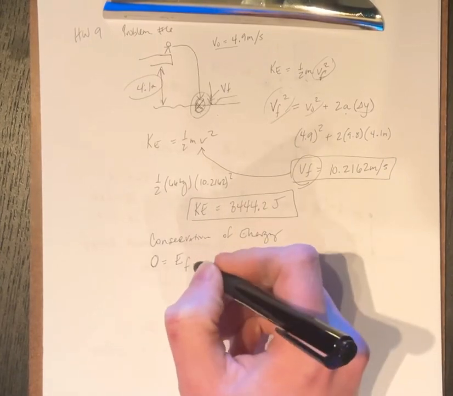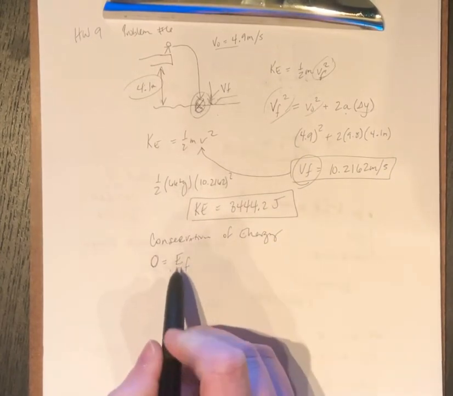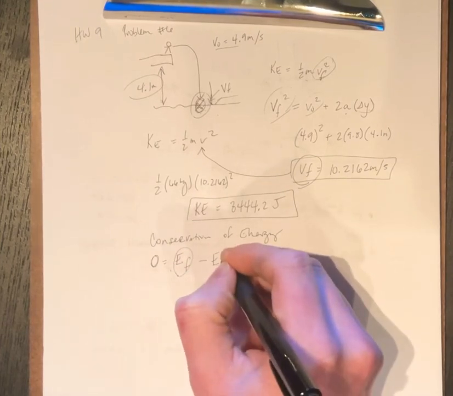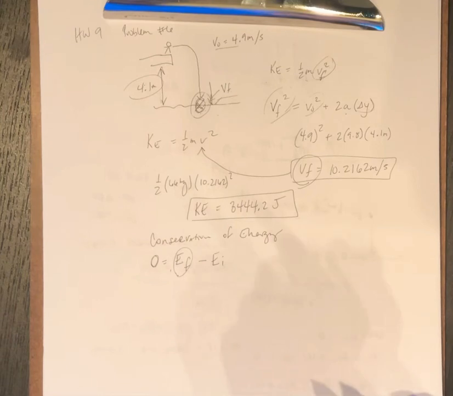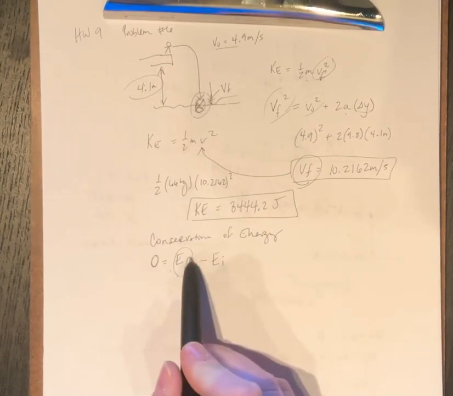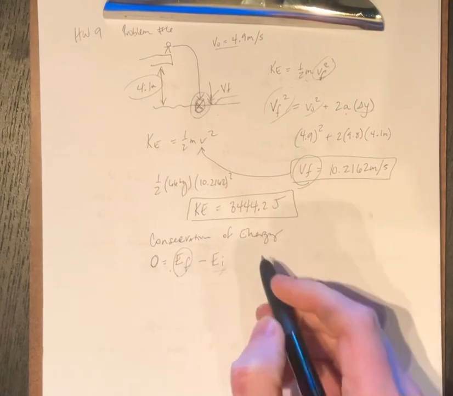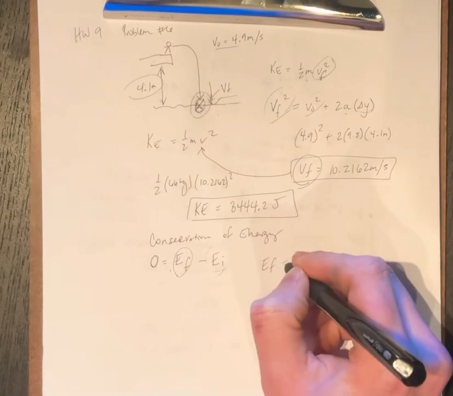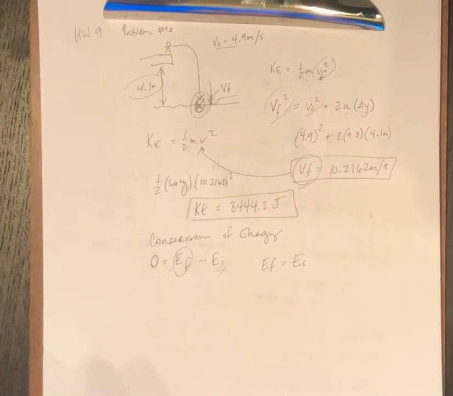So the total energy at the end has to be equal to the energy at the beginning. This equation just states that. It says the final energy has to be equal to the initial energy, because if you rearrange this, you have E final is equal to the initial energy.